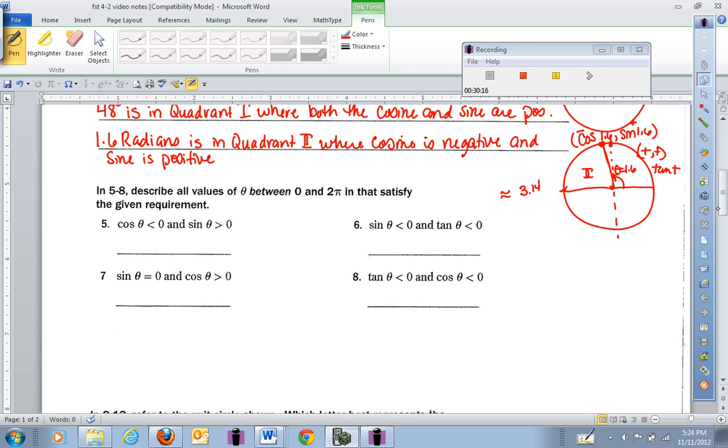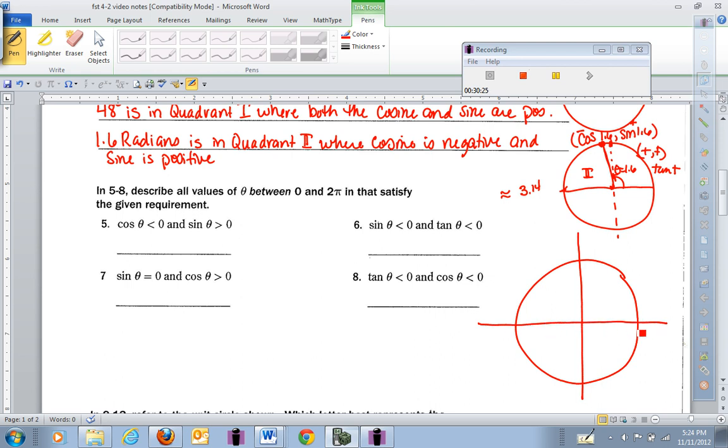Okay, now on problems 5 to 8, they're going to ask us to use our unit circle note card again. And so I'm going to draw a pretty good sized circle here and just kind of mirror image. You can get yours out. I can't have both things open at the same time. What I really need to know, these are my quadrants, 1, 2, 3, 4. Okay, and then remember that everything in the first quadrant, cosine and sine are positive, tangent is positive.